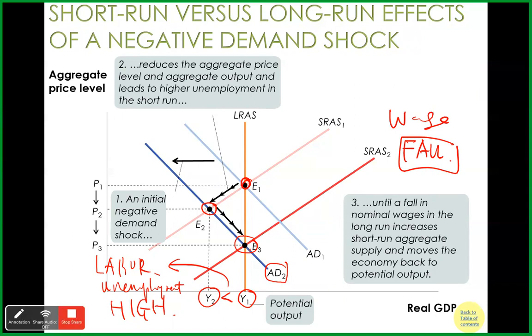All right, so this is how we move from E1 to E3. But now look at E3. Now we are back to the long-run equilibrium, or we return to normal in terms of output. But now, what happened to the price level? The price falls, or there's a deflation, right?